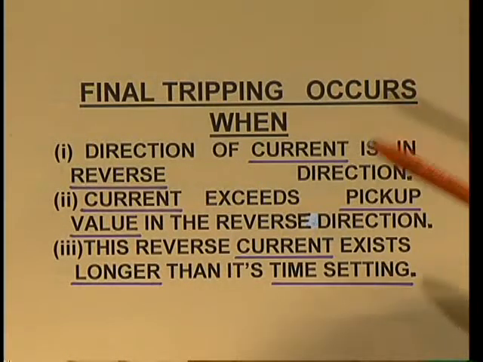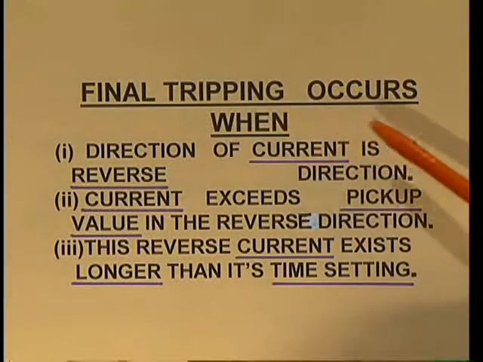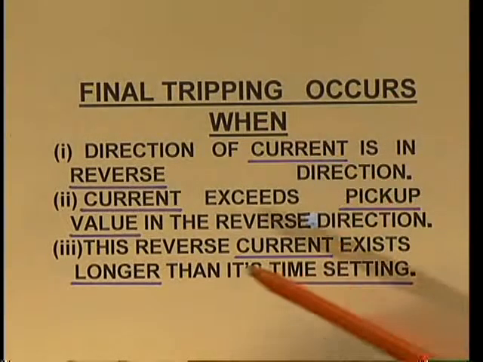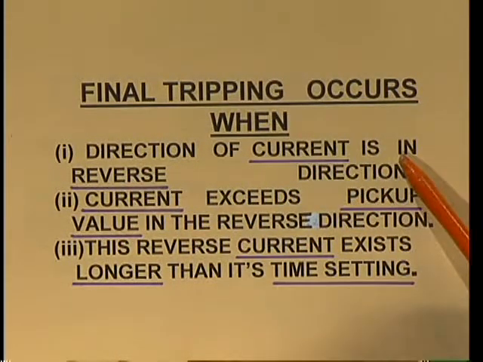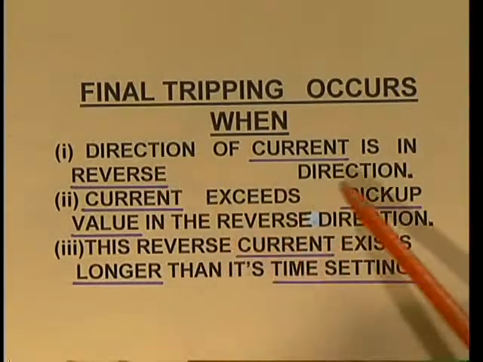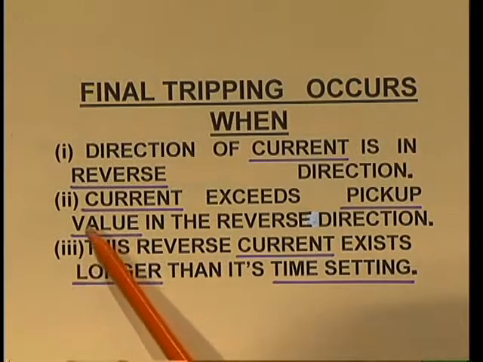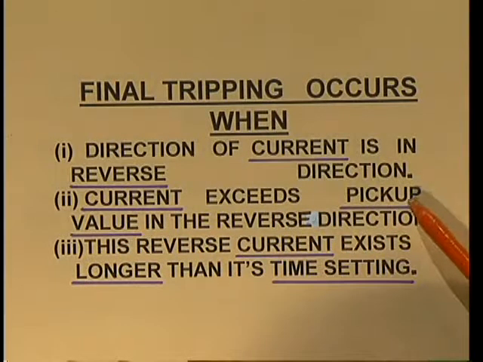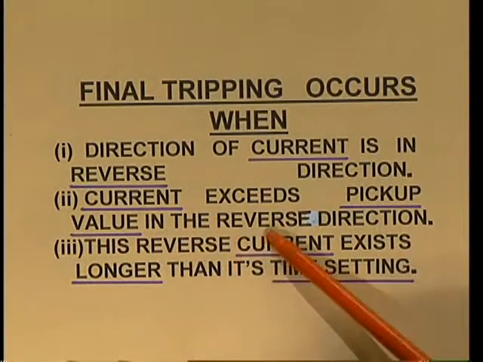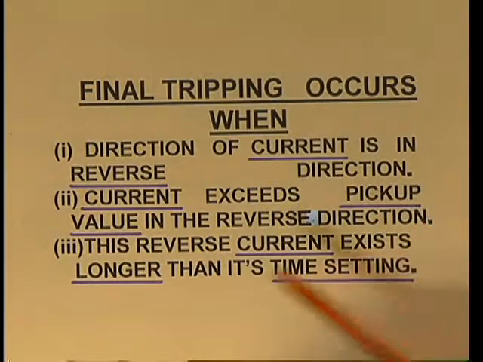The three conditions are these. Final tripping occurs when the direction of current or power is in the reverse direction. Second, the current exceeds the pickup value in the reverse direction.